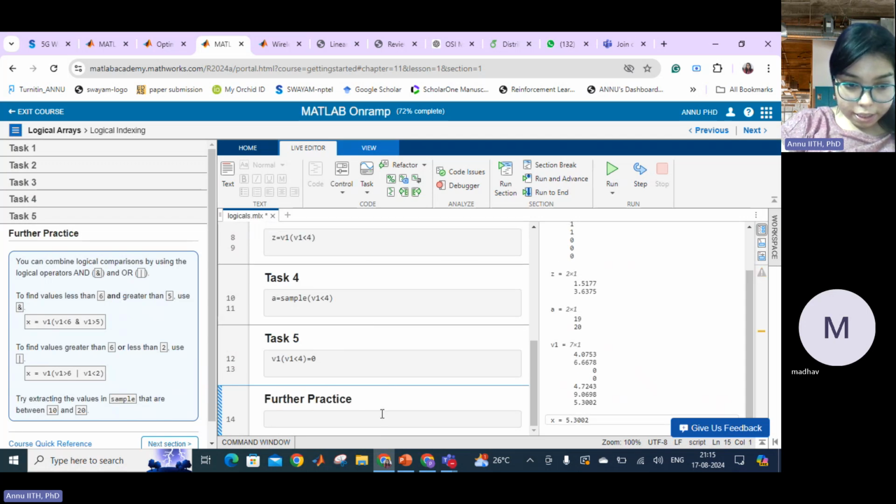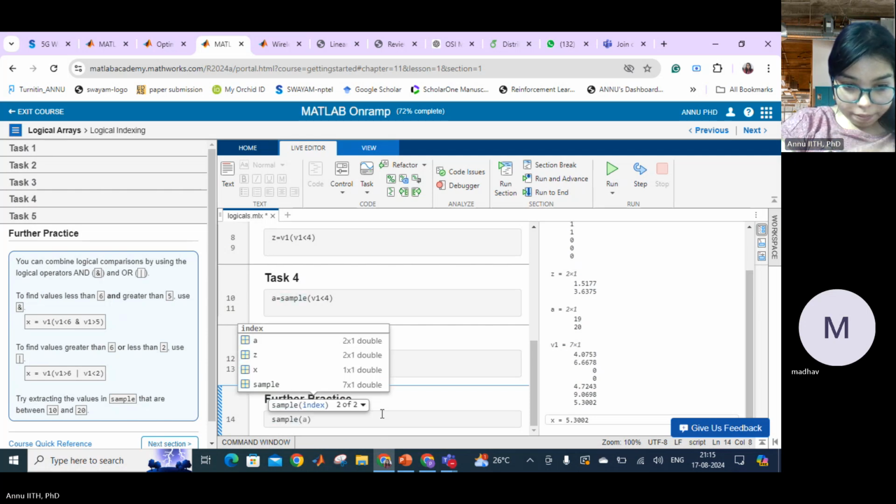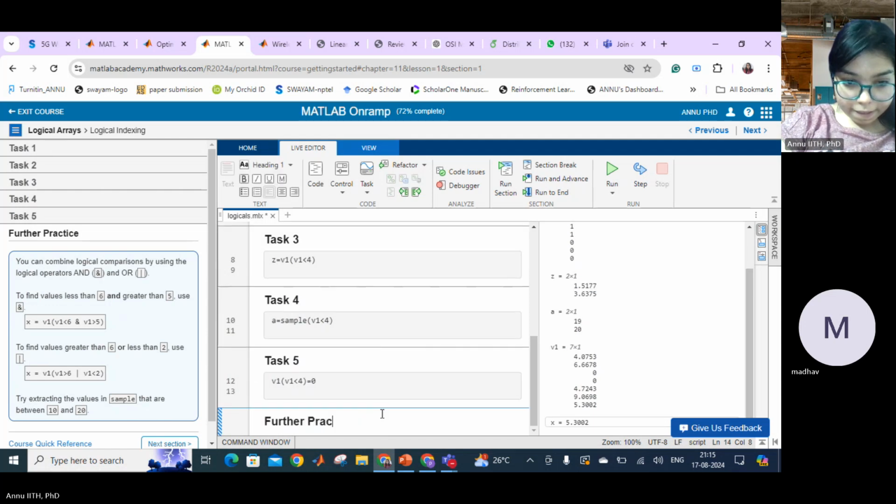It is asking for sample where. So we can go to the next section. That's all.